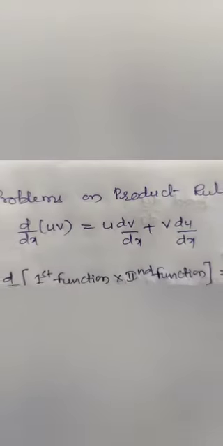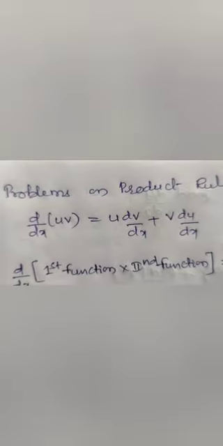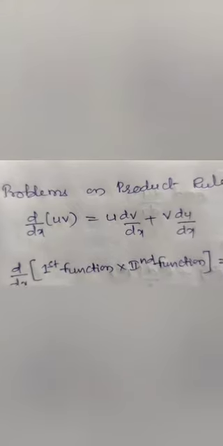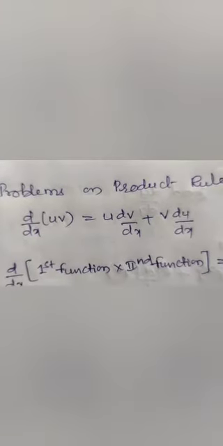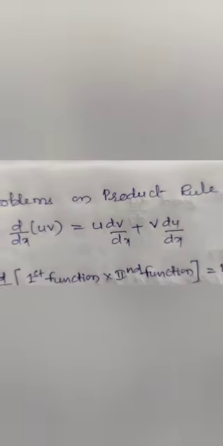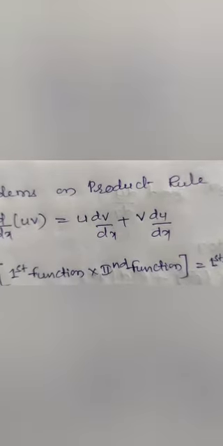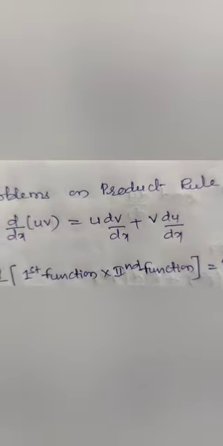d by dx of uv equals, how can you write this one? u as it is, differentiate v, plus v as it is, differentiate u.